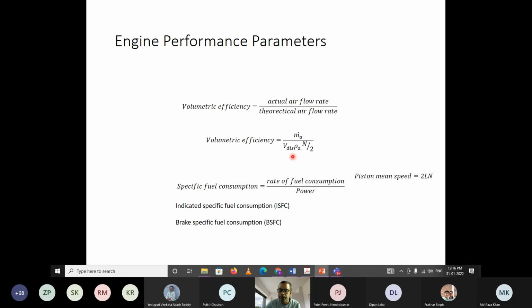You know the geometry of the engine and the engine speed. You can calculate the theoretical mass flow rate of the air, and then you can have the volumetric efficiency.